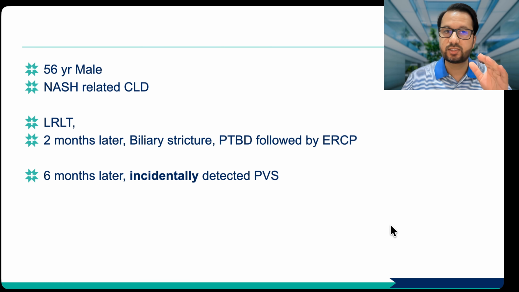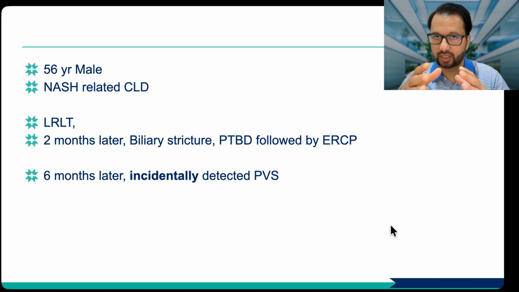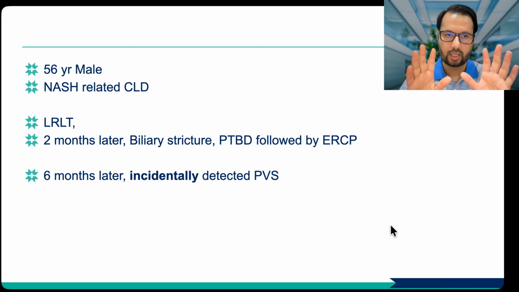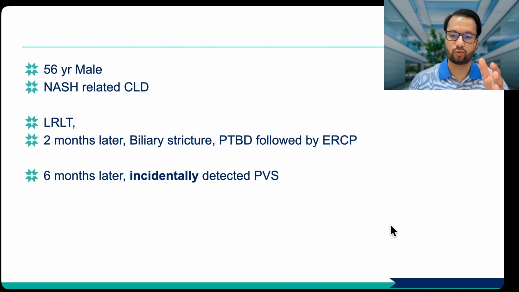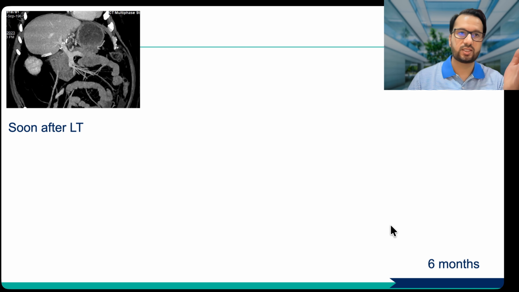This is a 56 year old male who had CLD related to NASH, and LRLT was done. Two months later, he underwent PTBD followed by ERCP for biliary stricture. And 6 months later, he was incidentally detected to have portal vein stenosis. These were the CT images.